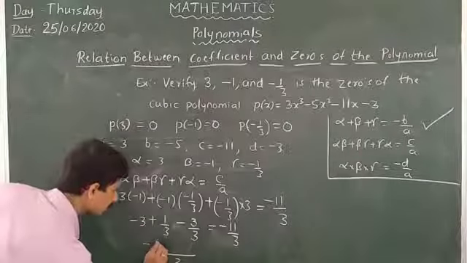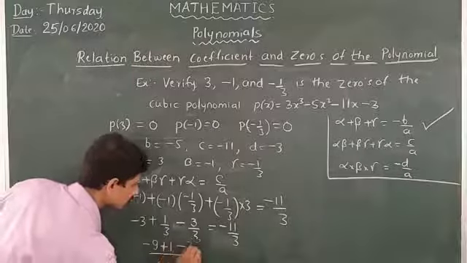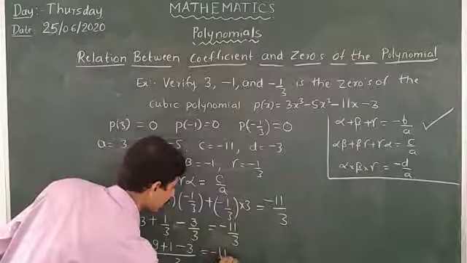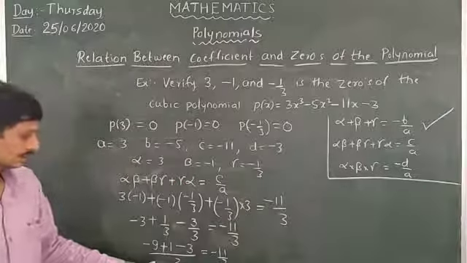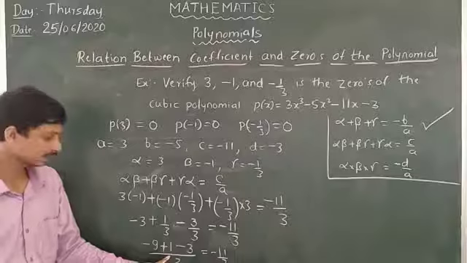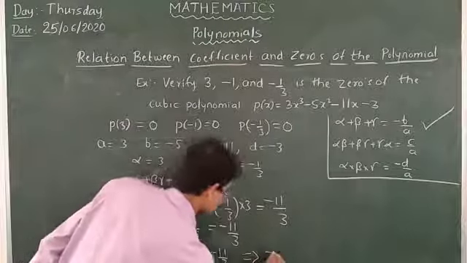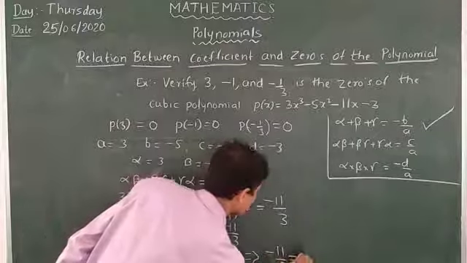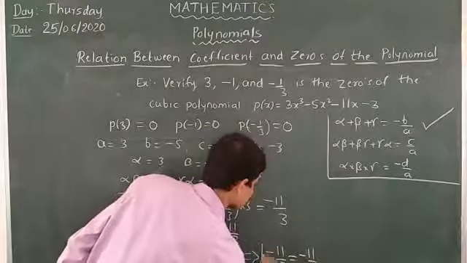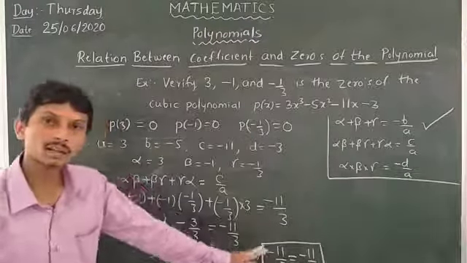So -9 plus 1 minus 3 is equal to -11/3. So minus 9 plus 1 is -8, minus 3 is -11/3, which is equal to -11/3. So we got the answer as both are equal.